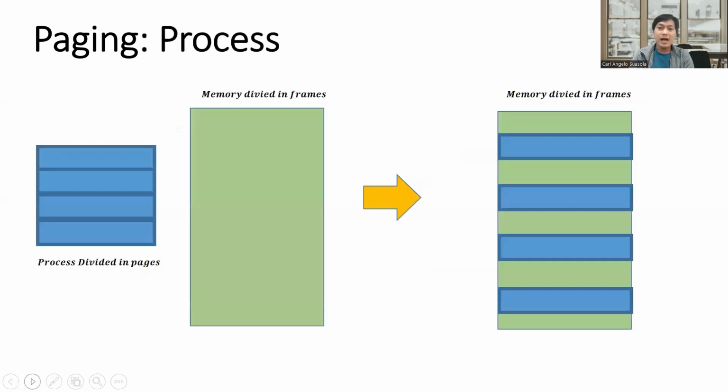This is an illustration of how paging occurs. If we have a process, it is divided into different pages, in blocks of the same size.